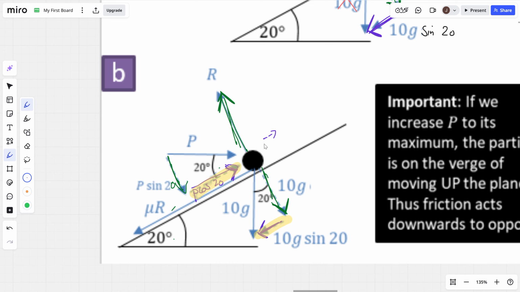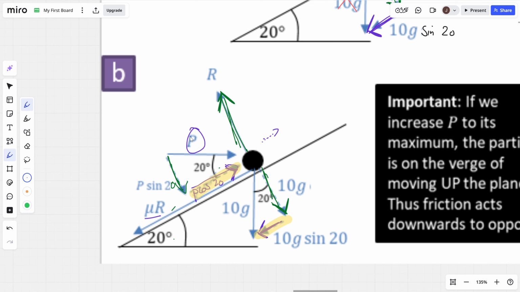You might think that when it's about to go down and when it's about to go up are the same situation, but that's actually not true, because friction has a threshold of what it can deal with. We're swapping the friction around because when it's about to go up the slope, P will be as big as possible, right?